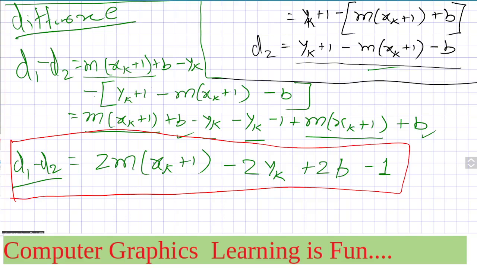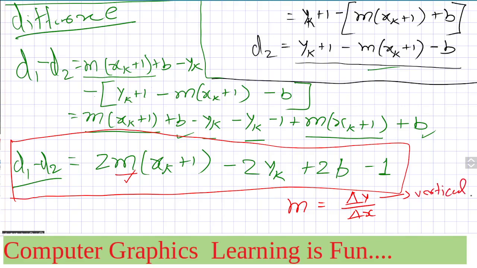Now here you can see they are only integer calculations. Okay, but here it is m value. We will have to replace this m value with something. With what? We understand what is m. M is delta y upon delta x. Is it? Yes. Now what is delta y and delta x? Delta y and delta x are vertical and horizontal separations.